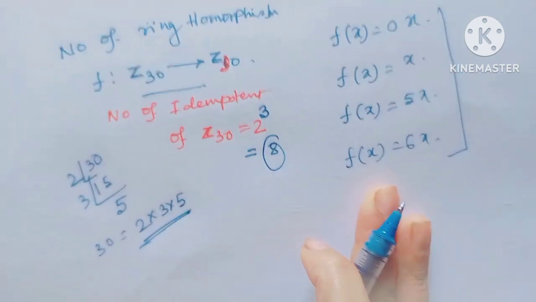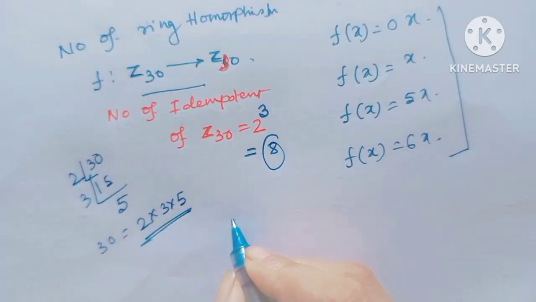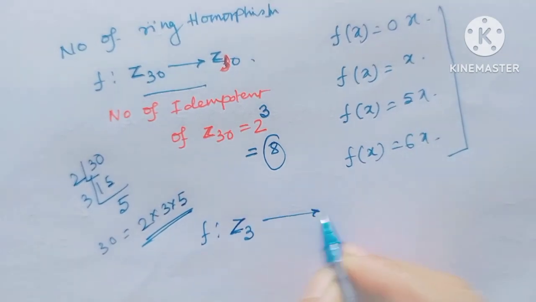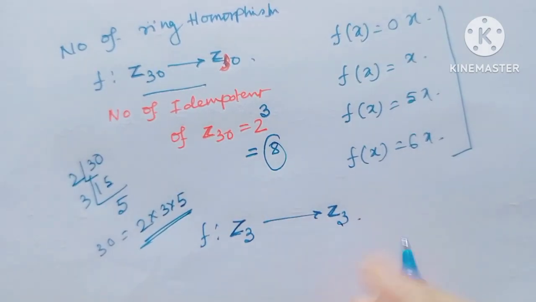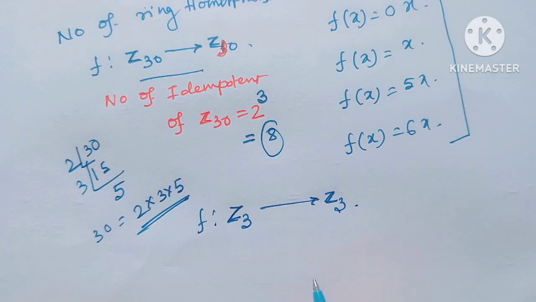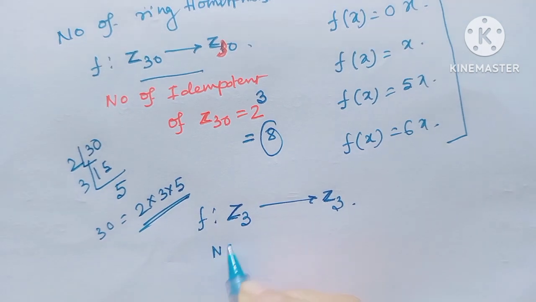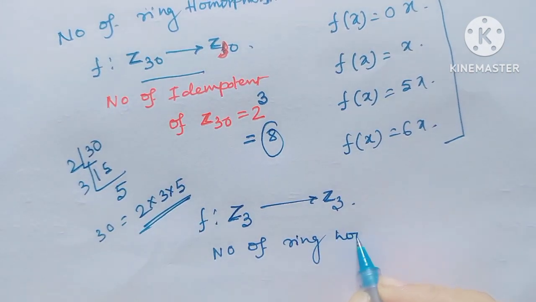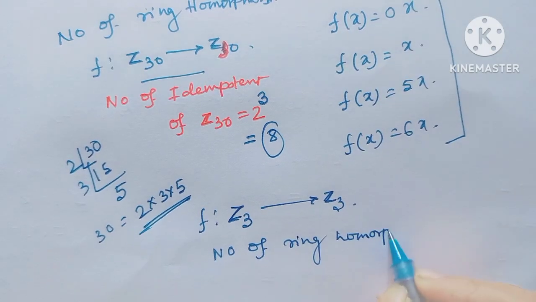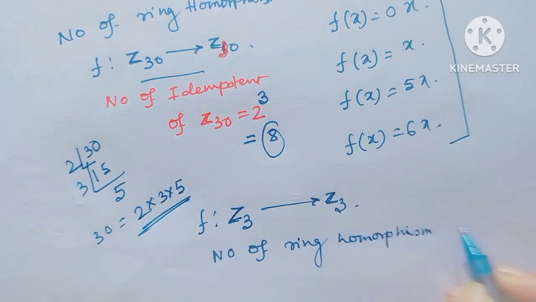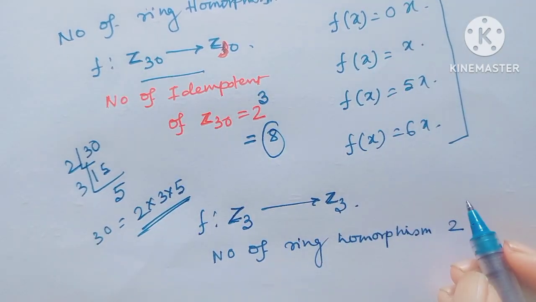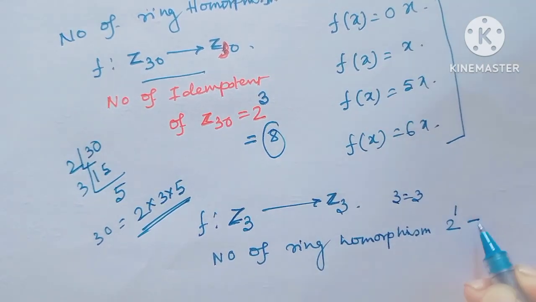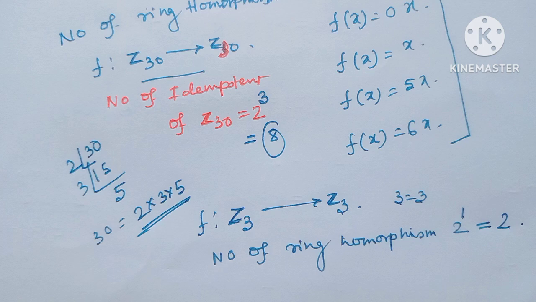Similarly, if we consider the number of ring homomorphisms f from Z3 to Z3, the number of ring homomorphisms would be 2 to the power of the number of prime divisors. Here 3 means only 3. That means 2 to the power 1, which is equal to 2.